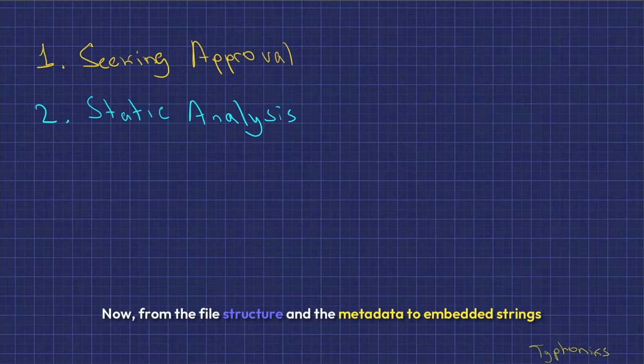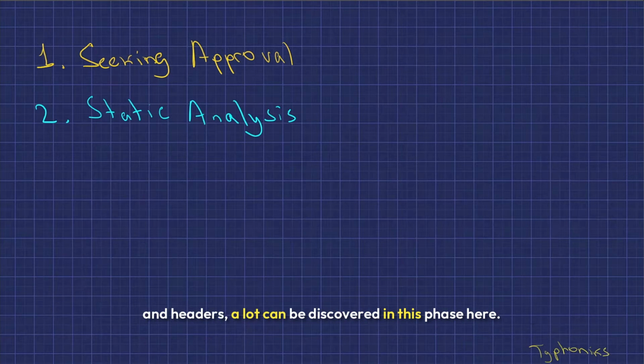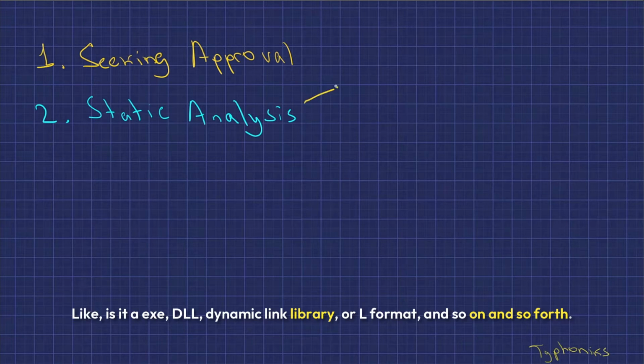Now, from the file structure and the metadata to embedded strings and headers, a lot can be discovered in this phase. Like, is it an EXE, DLL (dynamic link library), or ELF format, and so on and so forth.